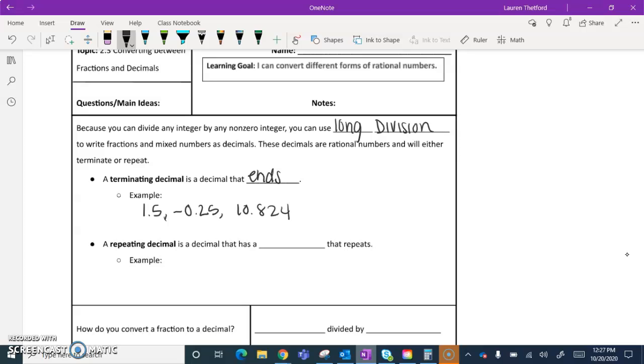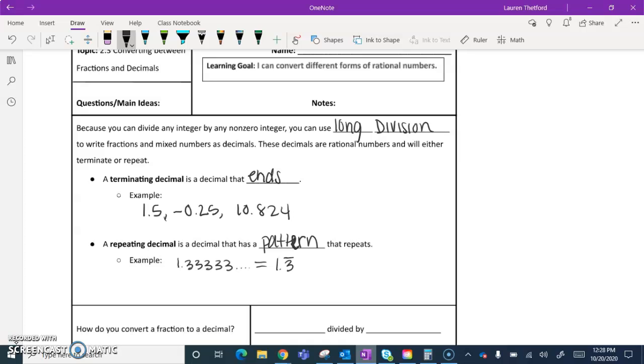A repeating decimal is a decimal that has a pattern. Some examples of this would be like 1.33333, and it just keeps going on forever and ever. And the way we write that would be 1.3, and then we put a line above the 3.